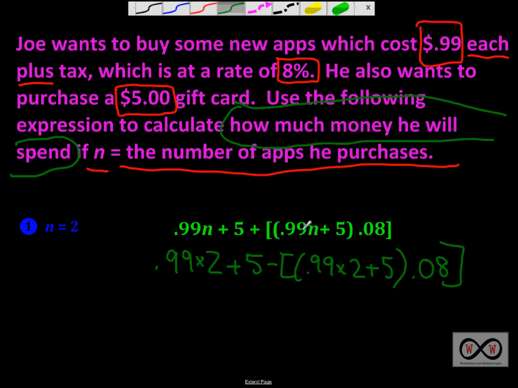So we're going to add 99 cents times n plus 5. And if we evaluate that over here, we can do the work for it once and then input our answer over here as well. Then we have to multiply all that, so it's actually the total price of the apps and the gift card times the 8% tax. And that's what we're looking at. So let's continue.